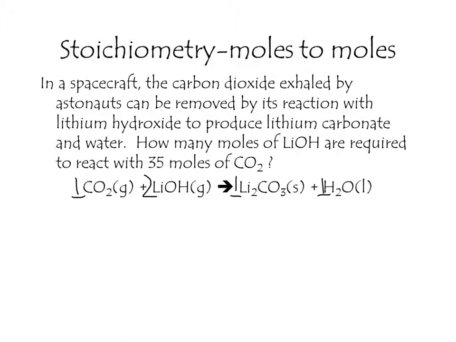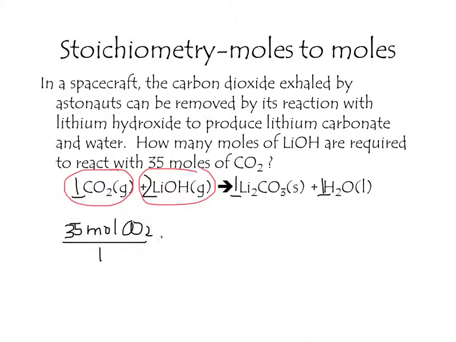All right, now that we know our balanced equation, let's look at the 2 that we're comparing. The 2 we're comparing are lithium hydroxide and carbon dioxide. According to the problem, we're going to start with 35 moles of CO2, and we want to know how much of the lithium hydroxide we need in order to complete the reaction.